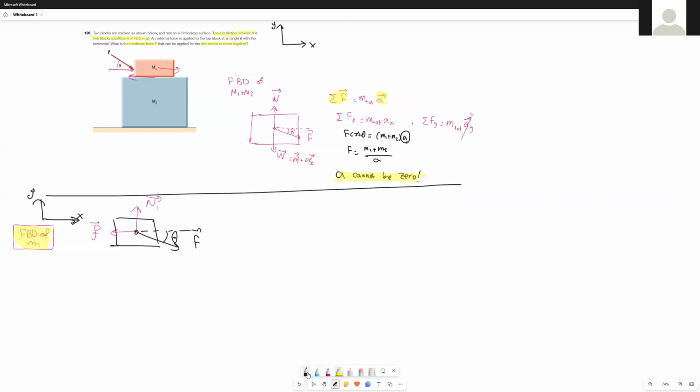Now, what should we do with that F? Is this going to be Fs or Fk? If it's going to be Fk, that means the two objects slide with respect to each other. The question is asking, find F so that they move together.